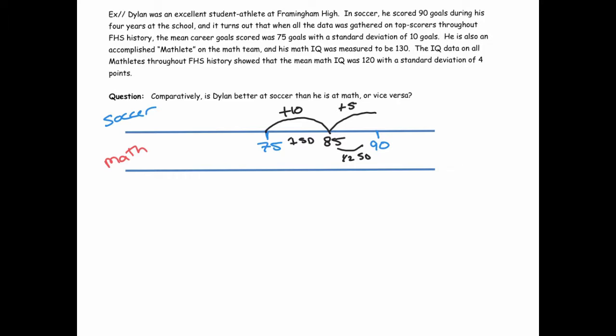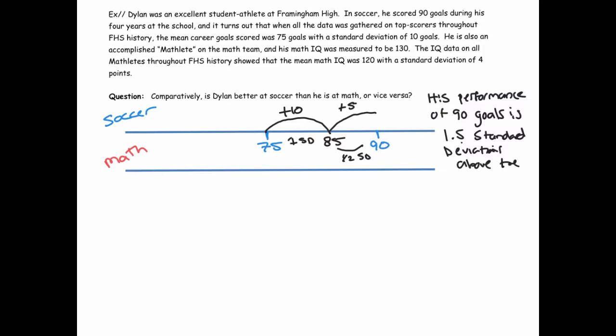His 90 goals is 1.5 standard deviations above the mean. So his performance of 90 goals is 1.5 standard deviations above the mean. Again, we just treated the standard deviation like a ruler there.